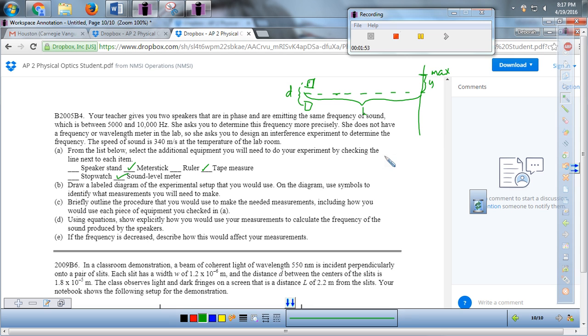Okay. Briefly outline the procedure. So what I would do is I would have the student walk along the line parallel to the speakers, at a distance L from the speakers.